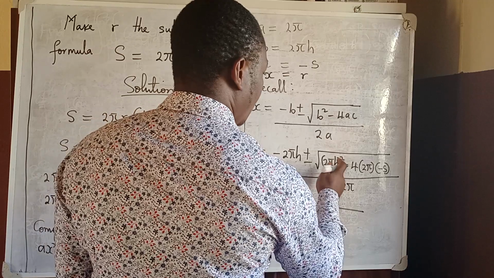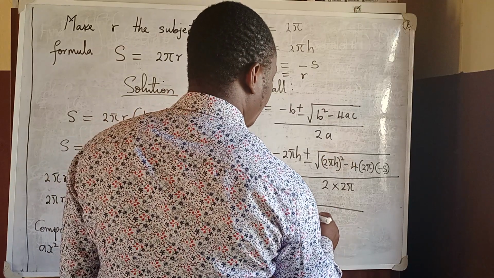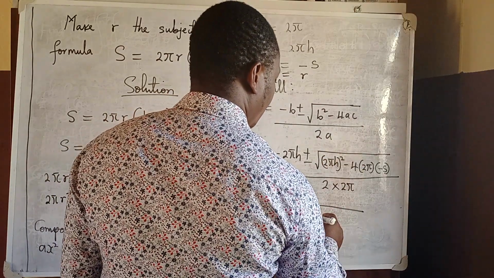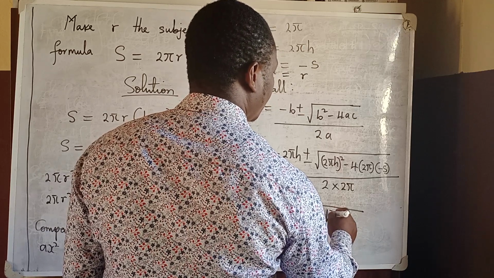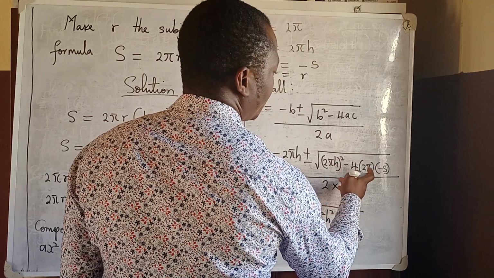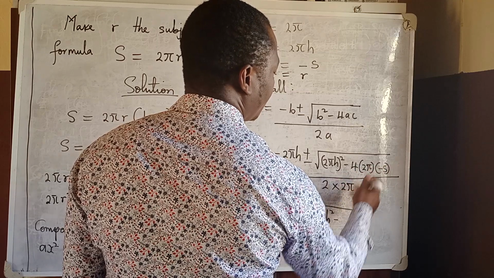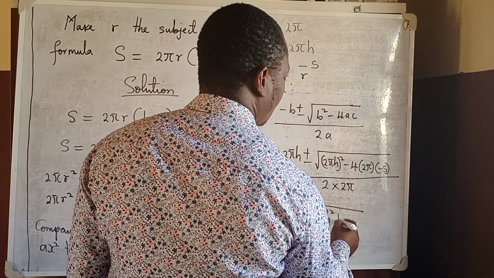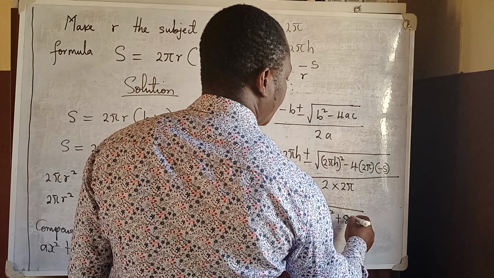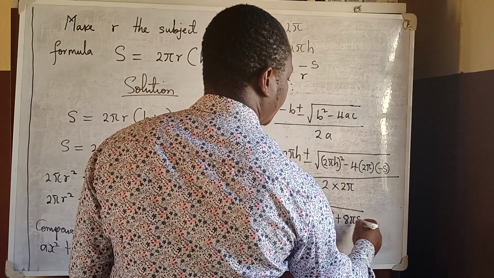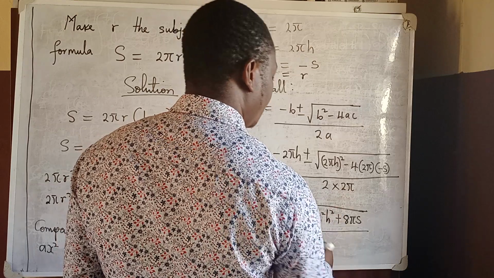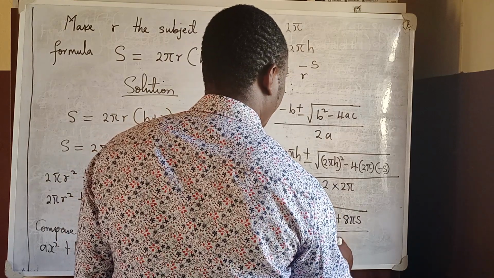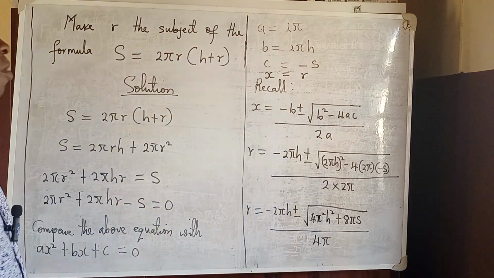So it's going to be 2 squared is 4, pi is going to be pi squared and h squared, minus 4 times 2 pi times minus s will give us plus 8 pi s, all over 2 times 2 pi, which will give us 4 pi. So that is it.